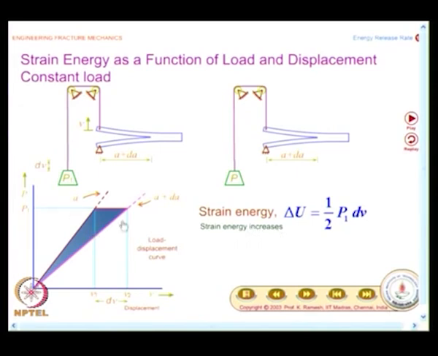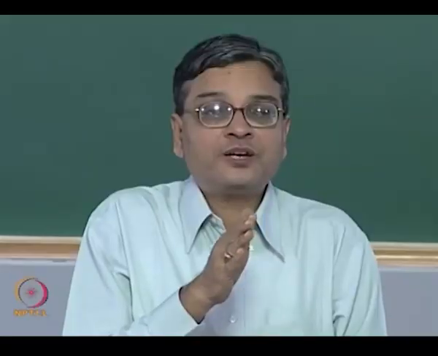It is very obvious, because this triangle area is much larger than the initial triangle. So, by advancement of crack in a constant load situation, the strain energy of the system increases.